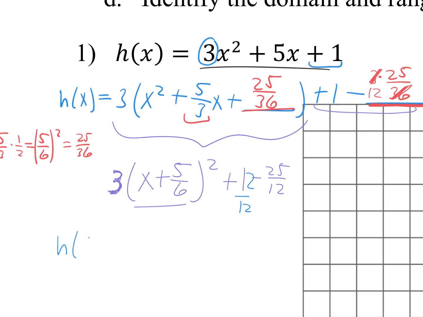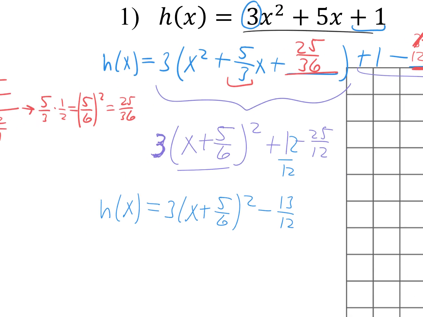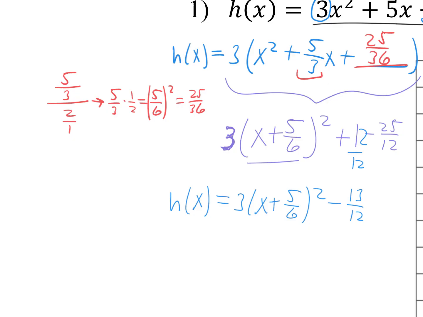So that means my function in standard form, h of x, is going to be 3 times (x plus 5 over 6) squared minus 13 over 12. All right, so on your quiz, on the line that says standard form or vertex form, this is what you would write. So standard form is going to look like that.